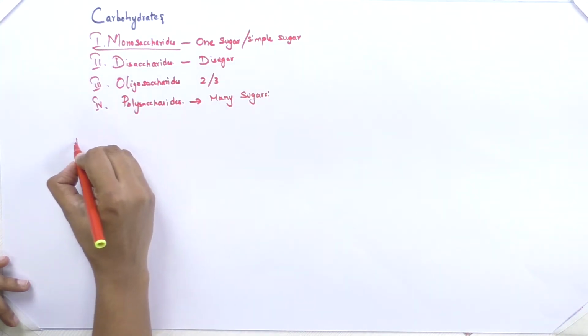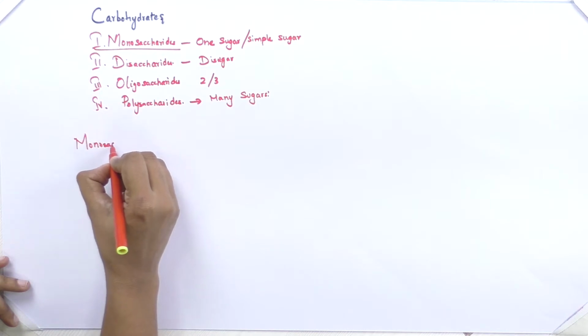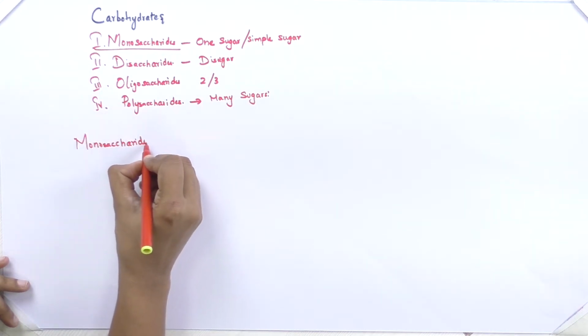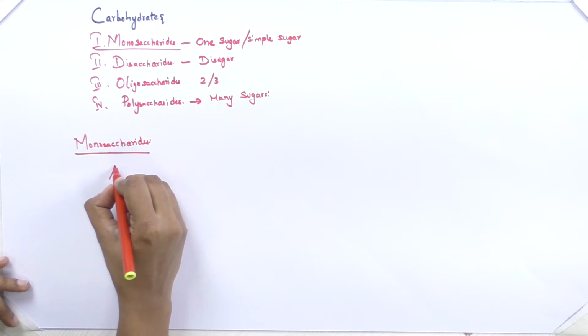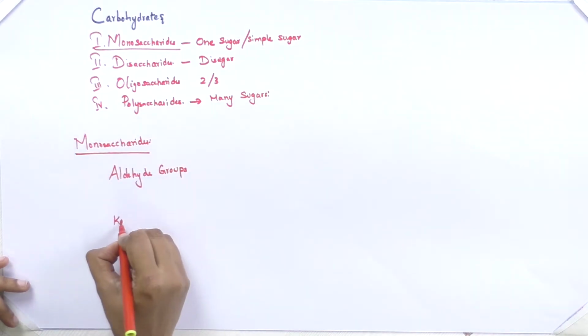Under monosaccharides, the first examples we are going to see are the aldehyde group and the ketone group.